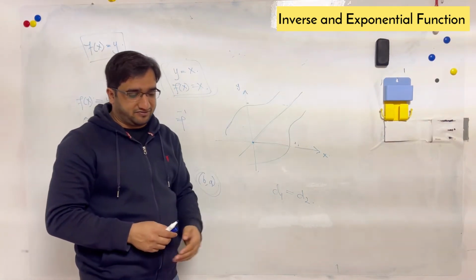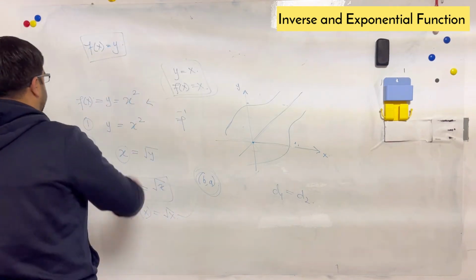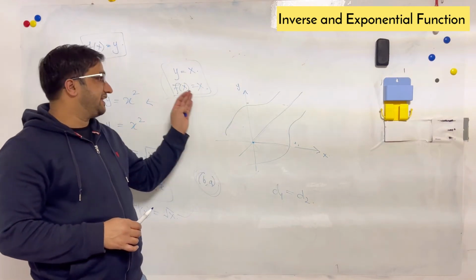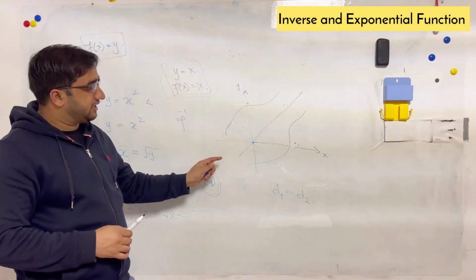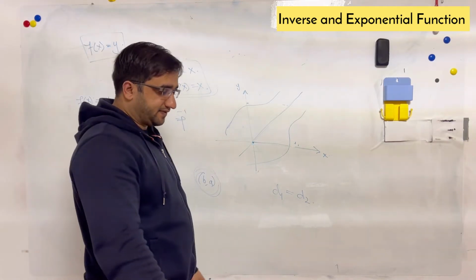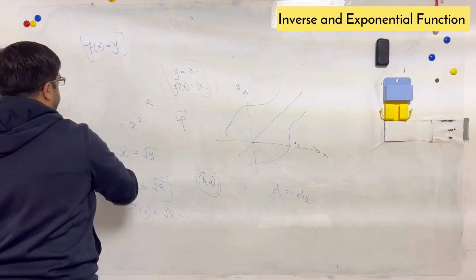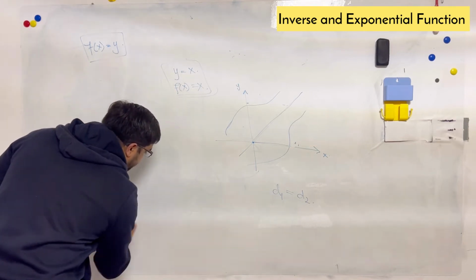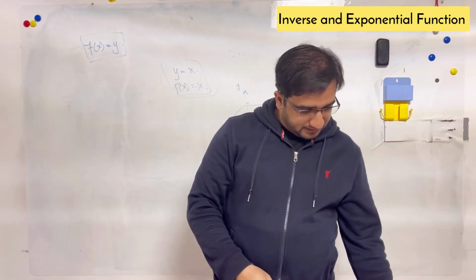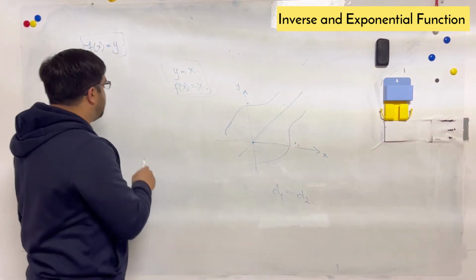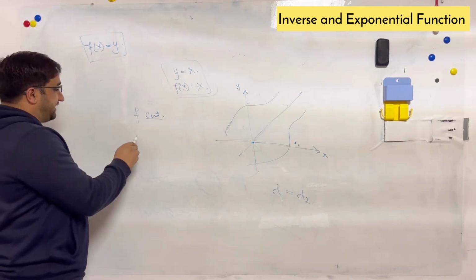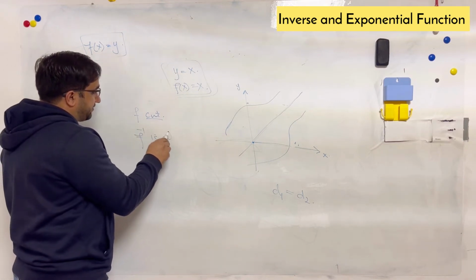So they are flipped all the time. Graphically, whenever you draw the graph for the same function f of x and its inverse function, you will always see that they flip. And if the function f originally is continuous, you know what continuity is, then f inverse is also continuous.